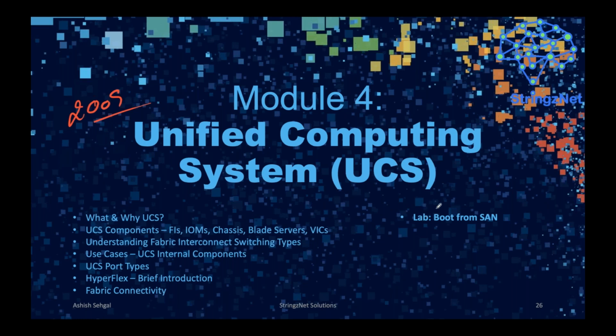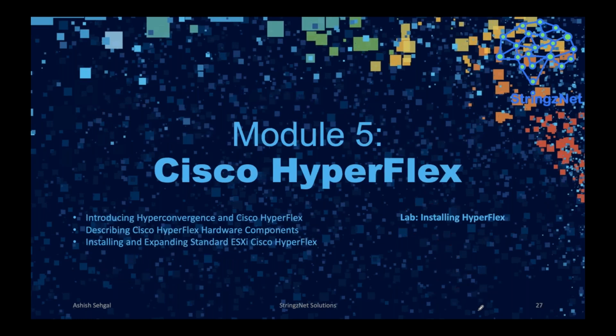So we have a lab on this called Boot from SAN, wherein we'll see how to establish connectivity from the server to the storage disk. Of course, in this particular lab, we need to know what is fiber channel configuration, what is fiber channel over Ethernet configuration, what is zoning. All those configurations we perform in this lab called Boot from SAN.